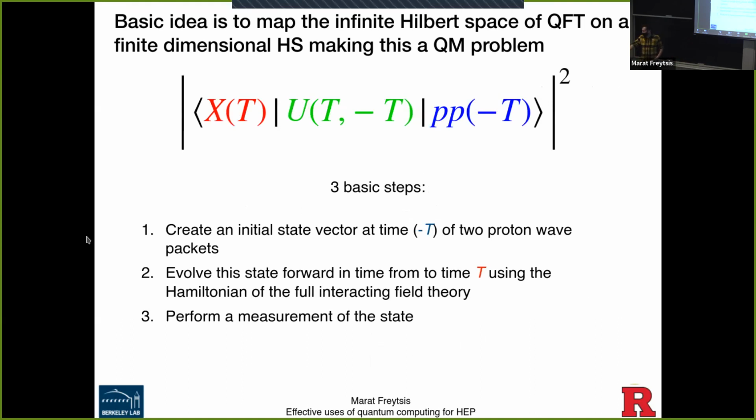So I think this is just restating how you would do an S matrix calculation. Again, in this finite Hilbert space language, you create some initial state vector. At time -t, you evolve this state forward using the Hamiltonian of the theory, and then you perform a measurement on the state.